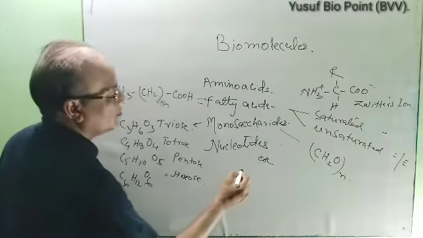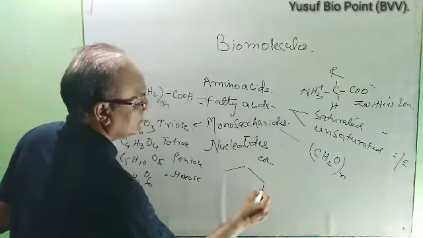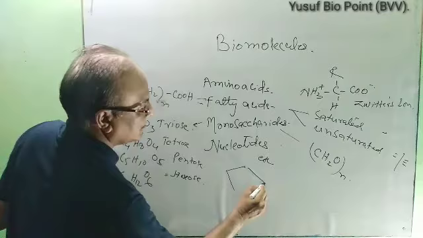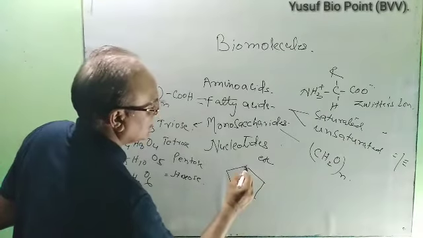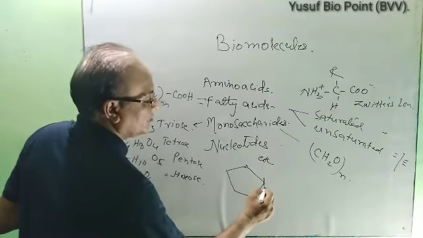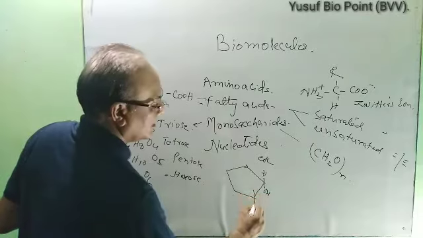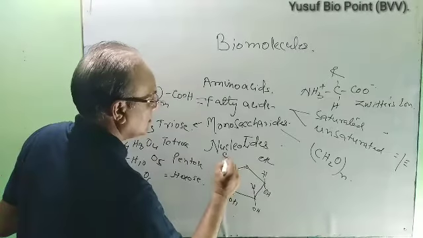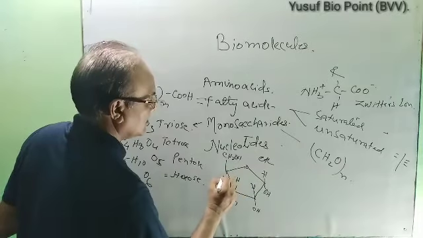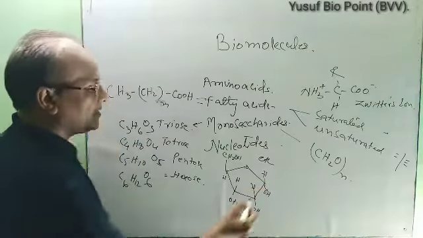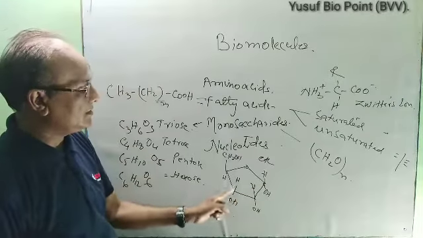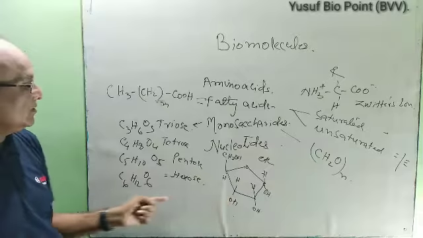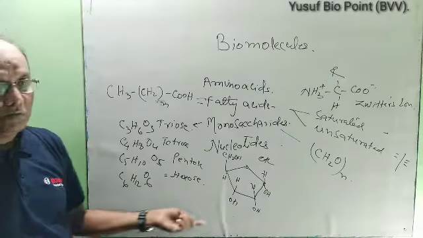The structure of pentose: there are carbons at the first position, second, third, fourth and fifth, that is C5H10O5. This is the structure of pentose.